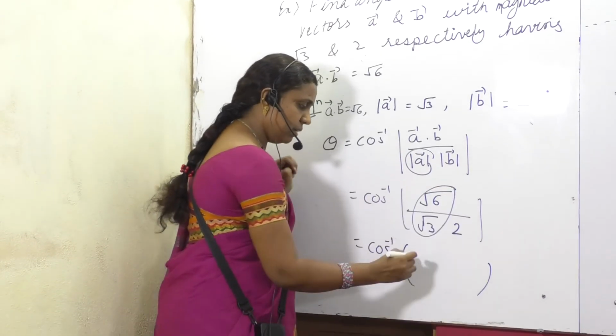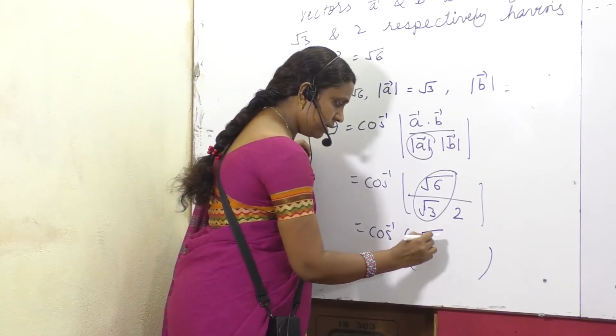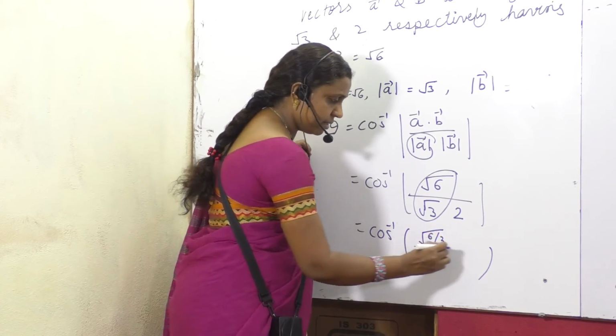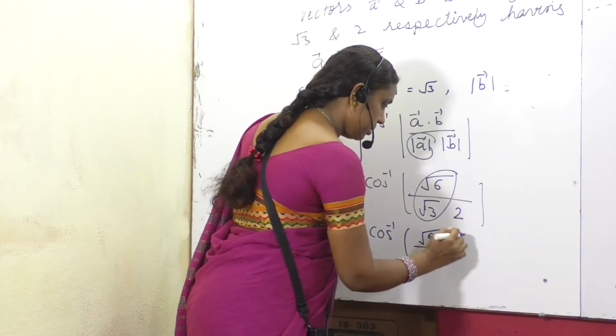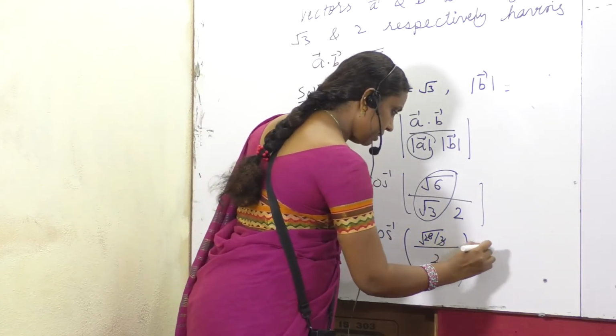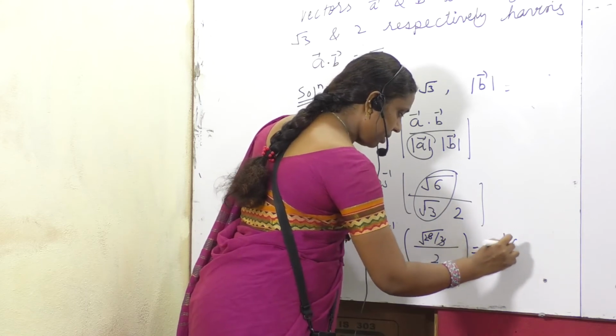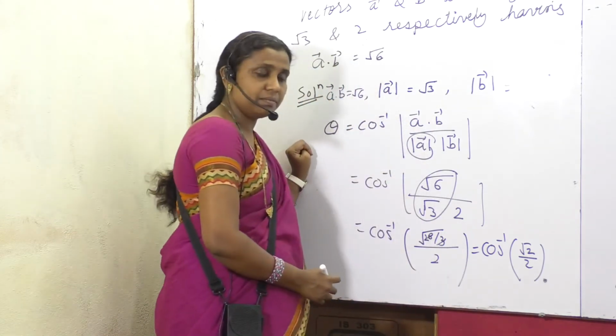Okay. Cos inverse. These two, if I take together, it will be root 6 by root 3, am I right, divided by 2. But in the square root sign, on cancelling the factors, what do you get? Root 2 by 2. Is this fine?